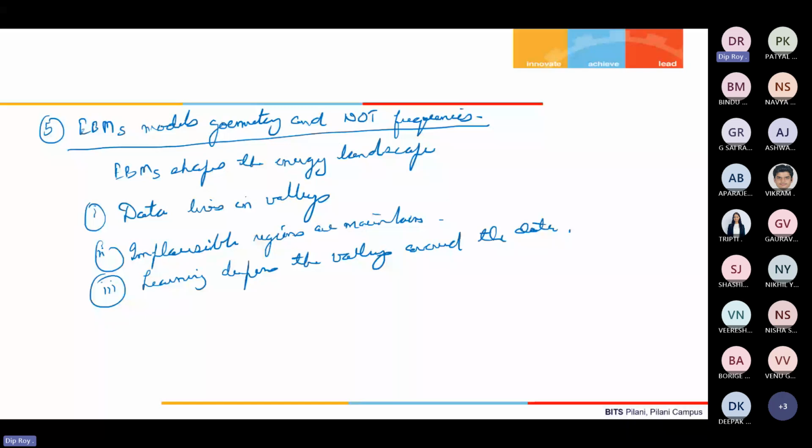Now, when we are going after a probability distribution, let's say a multimodal Gaussian, the modes of the Gaussian will obviously be the higher part of the bell curves. However, in case of energy-based models, what is going to happen? All your data will live in the valleys, okay? And the implausible regions are basically the mountains, okay?